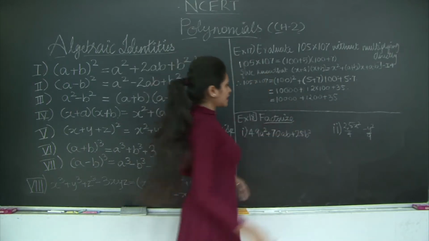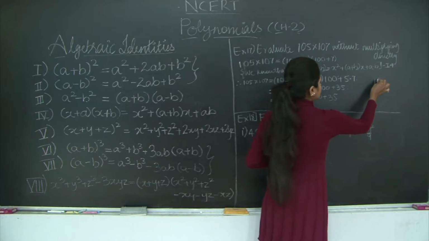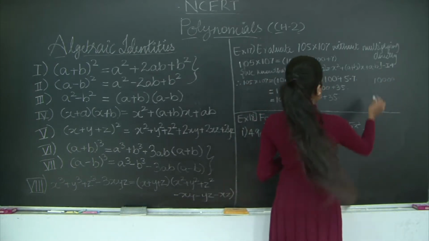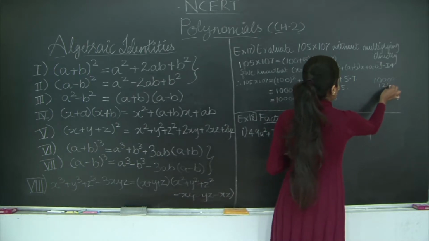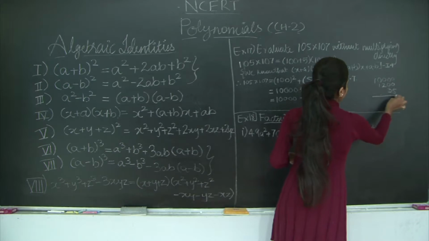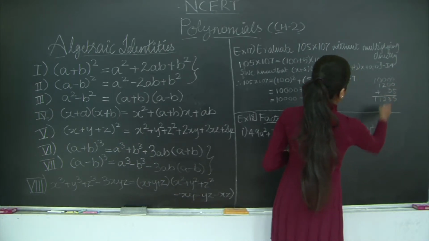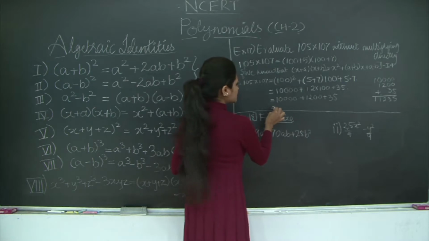So let's calculate this. 100 into 100 is 10,000 plus 1200 plus 35. You add these, you get 5, 3, 2, 1, 1. So your answer is 11235.